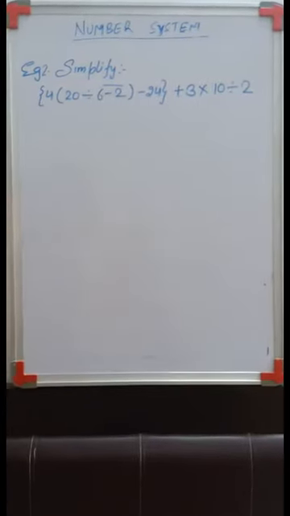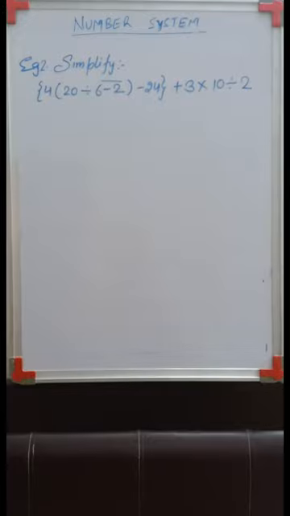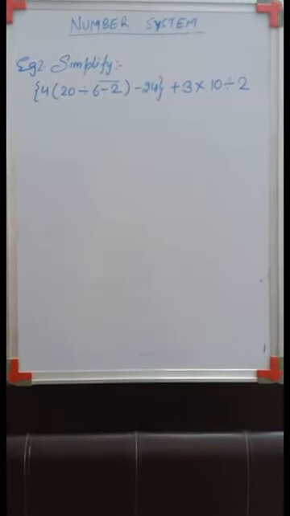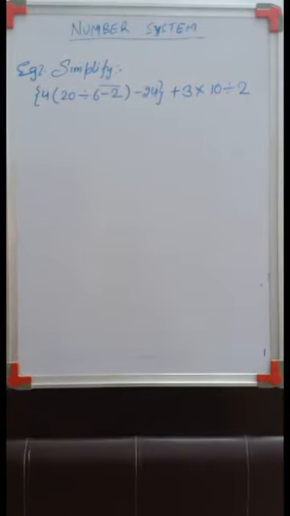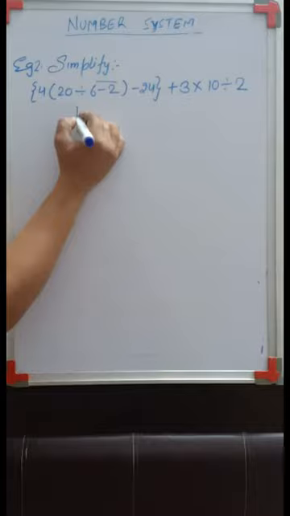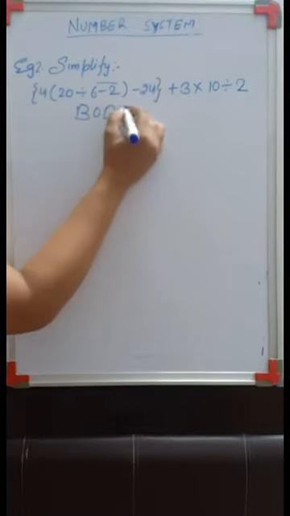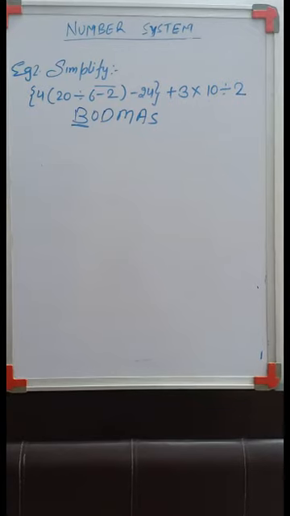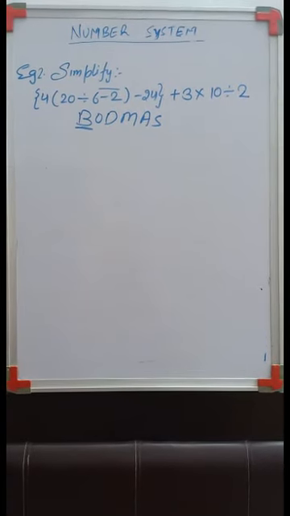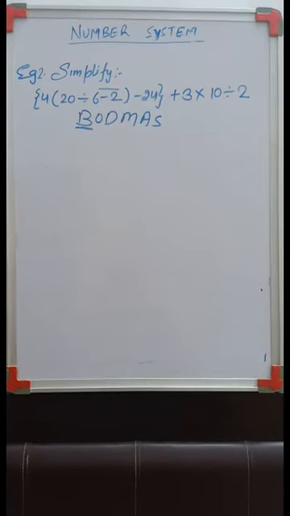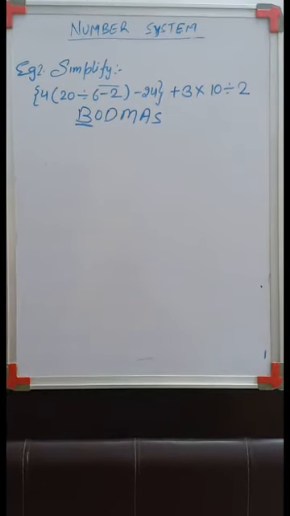Now I have taken another example which is much more complicated than the earlier one. This involves a lot of brackets, that is curly bracket, small bracket, bar bracket, and then all the signs. So as we know that in BODMAS, first we need to open the bracket. But again, as I have explained earlier, in brackets first we need to solve the bar bracket, then we will go for the small bracket, and then curly, and last the rectangular bracket.